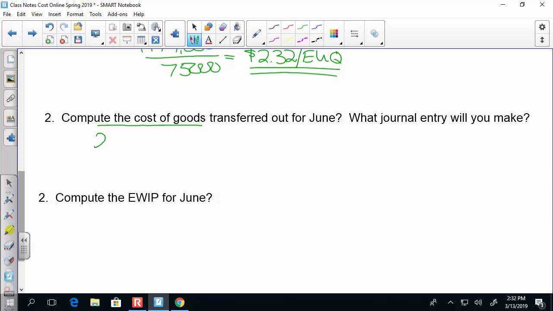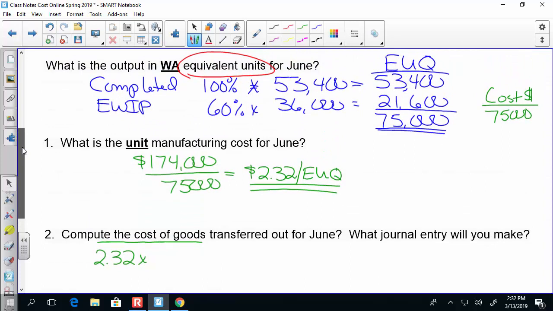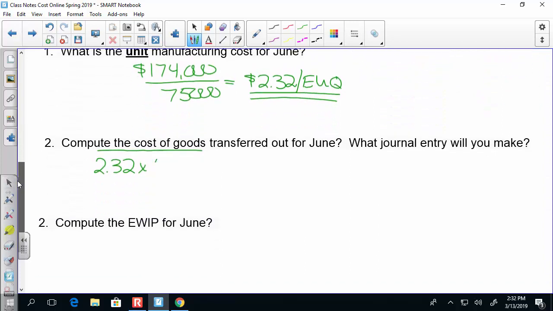Well, we're going to use that $2.32 and multiply by the completed units, which in this case was 53,400, which equals 123,888.